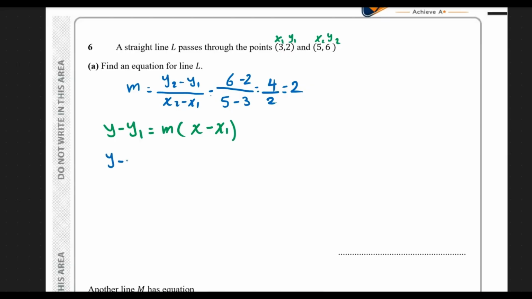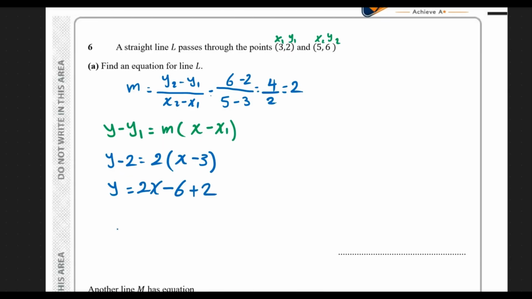y take away y1, y1 is 2, equals m, which is 2, times x take away x1, which is 3 here. So now we need to expand and then move the minus 2. So y equals, if we expand here, 2 times x is 2x and 2 times minus 3 is minus 6, and then we bring the minus 2 over to the other side as plus 2.